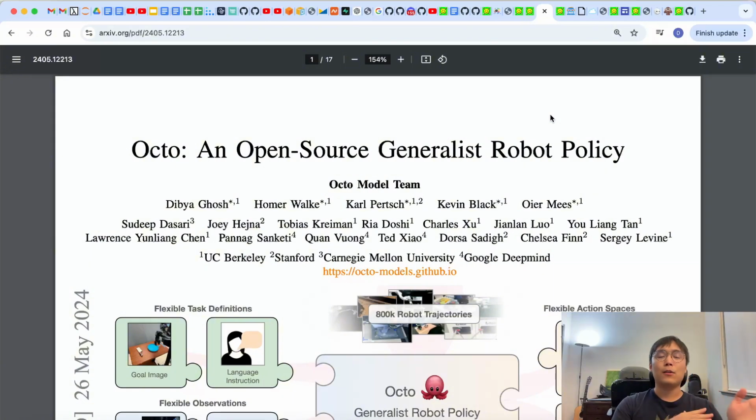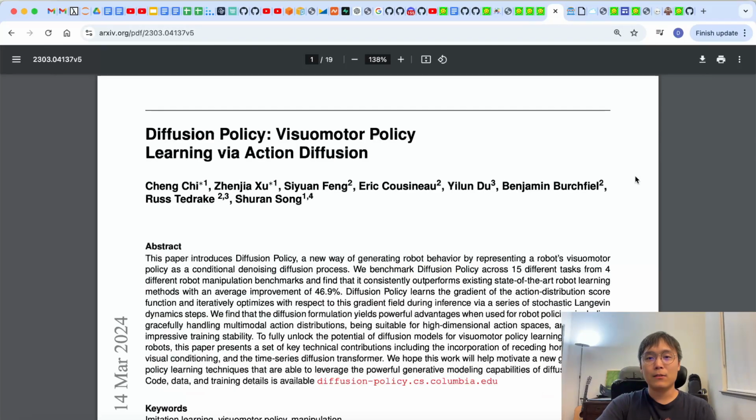And then there's another line of work: okay, ACT is there. Can we make something better than ACT? So diffusion policy came out around the same time as ACT. I think they are very similar, except that ACT used a conditional variational autoencoder and diffusion policy used diffusion to get the policy.